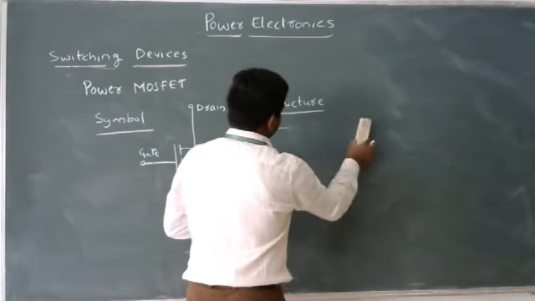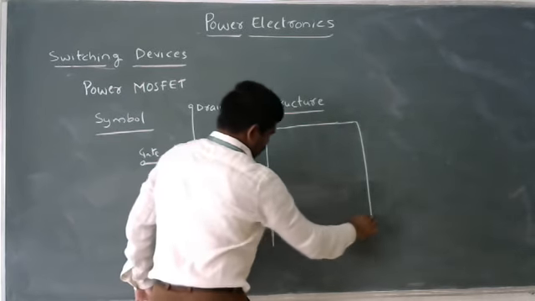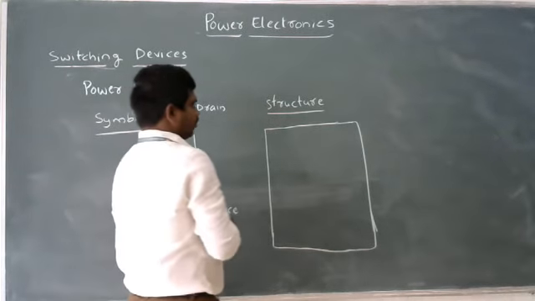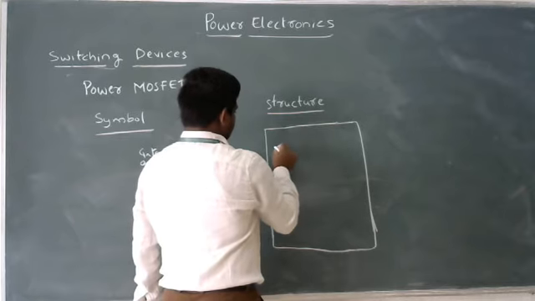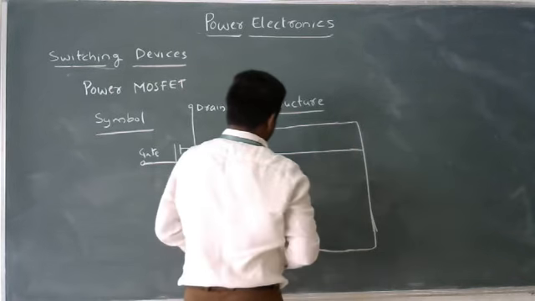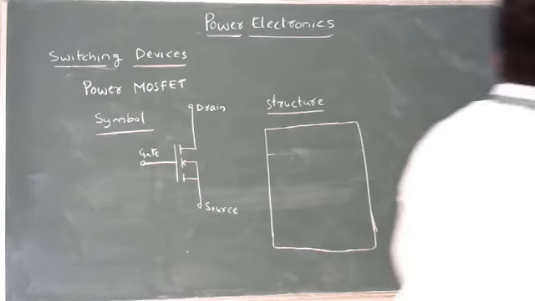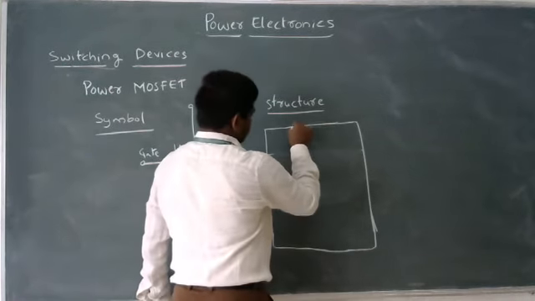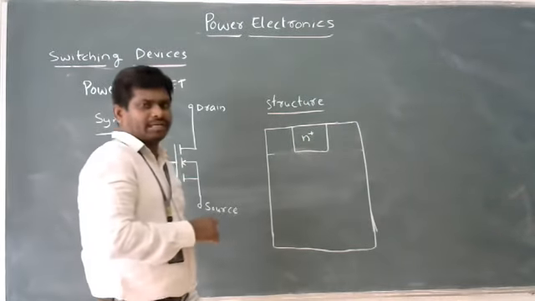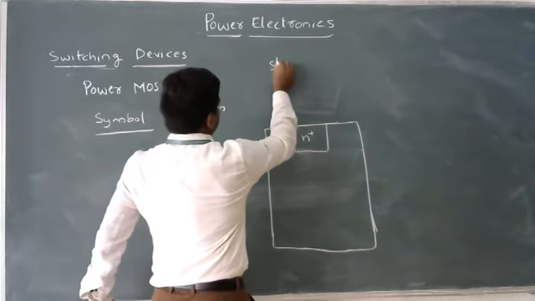Then this is my N-type material, this is N plus. I'm taking this as the structure.